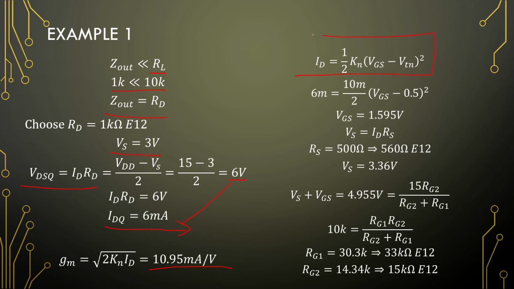Applying our saturated current equation, we get that our VGS voltage should be 1.595 volts, and we also need our Vs value if we want to find our VGS value. 3 volts divided by 6 milliamperes will give us 500 ohms, and you need to choose the E12 value here. So I went with a 560, and I recalculated the source voltage.